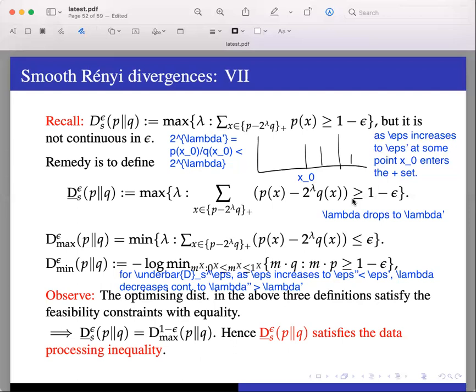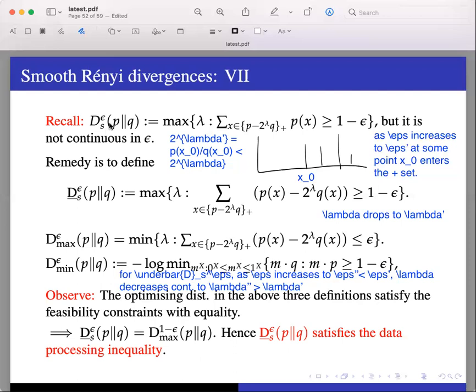So now what I'm doing is, as I'm increasing epsilon, I can parallelly increase lambda also even before x0 creeps in. Correct. So as I'm changing epsilon, just by changing lambda, I can keep the objective function the same. That's the thing. And you can keep it saturated exactly.